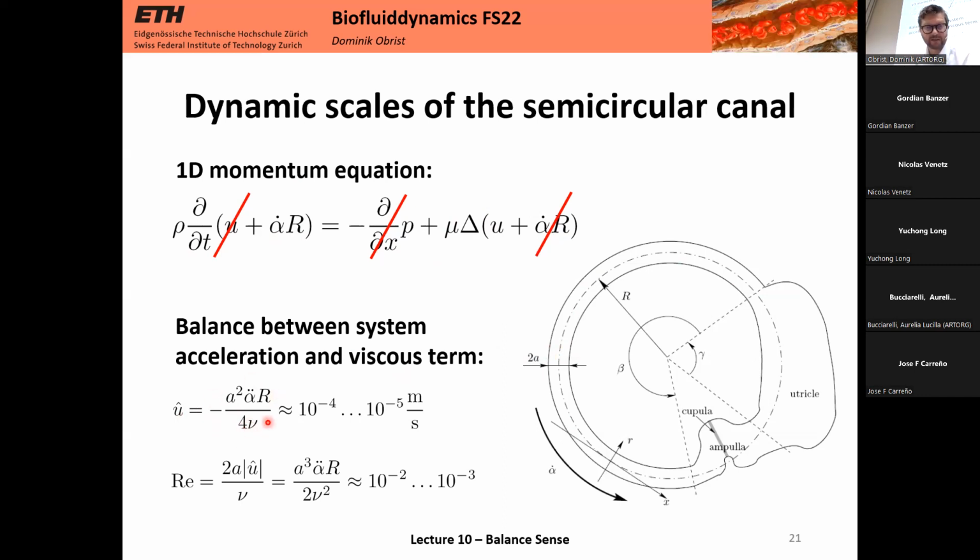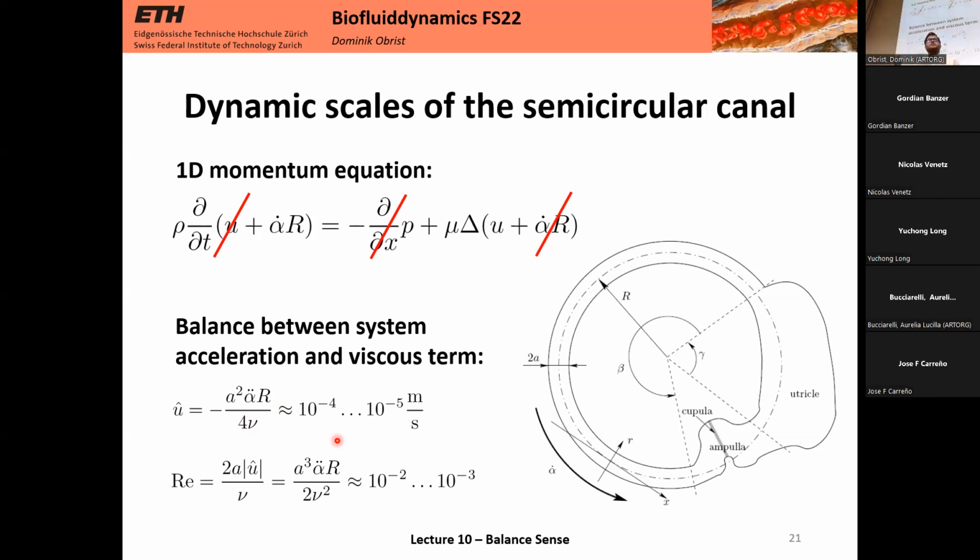We get this formula here, and if we plug in reasonable numbers, and by reasonable I mean angular accelerations that we typically have in our daily lives, then we reach velocities of 10 to the minus 4 to 10 to the minus 5 meters per second. So that's about a 1/10 of a millimeter to a 100th of a millimeter per second, or 10 to 100 microns per second. So if we move our head, the velocities in there are small.